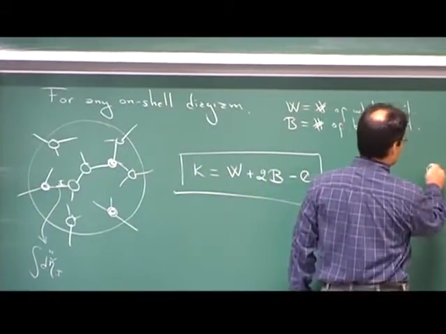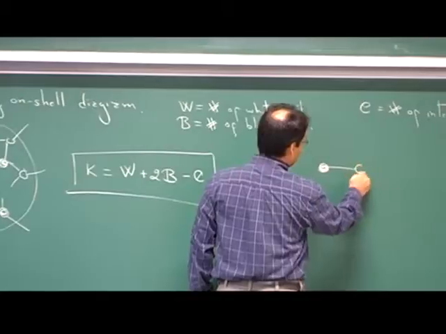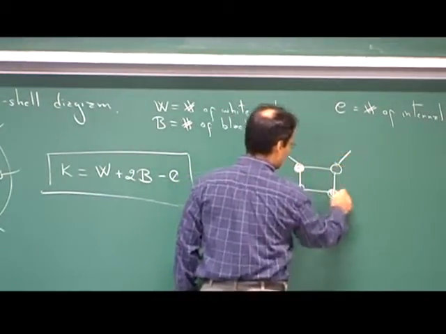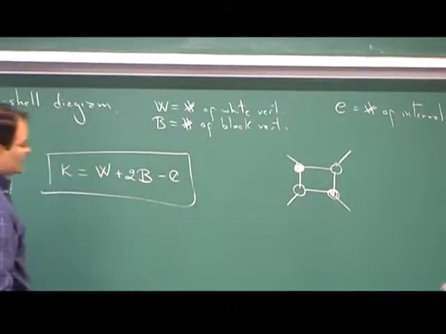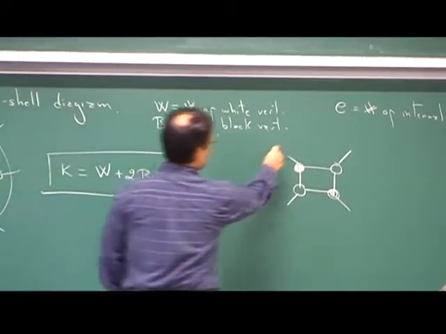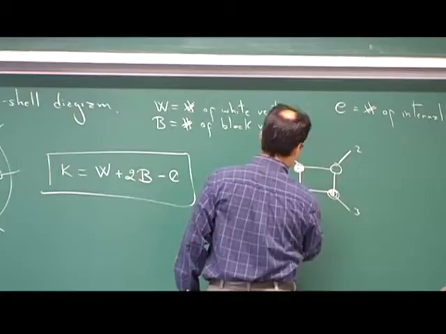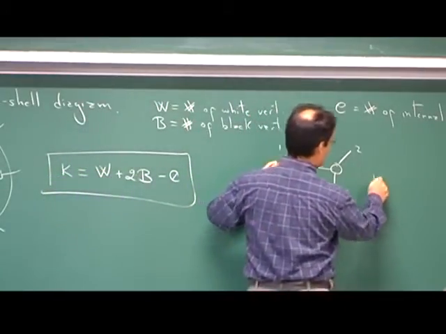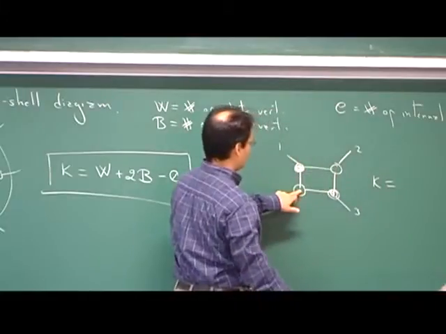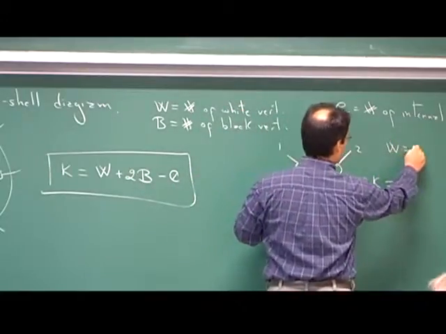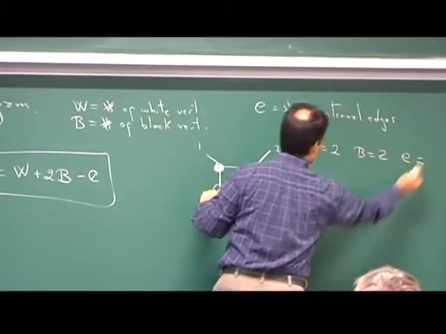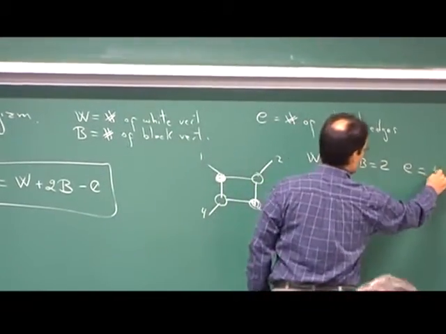So that's the definition of K. Let's check that it works. Of course it's correct, but it doesn't hurt to check on things that you already know. So this is the computation we did yesterday. So let's check. The number of white vertices is 2. The number of black vertices is 2. And the number of internal edges is 4.